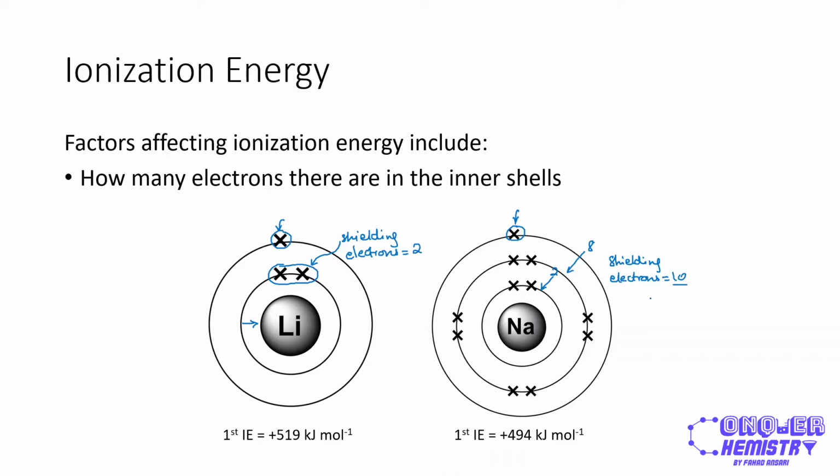Because you have more shielding electrons coming in the way between the positive nucleus and the electron that needs to be removed, the nucleus cannot focus its efforts on retaining this electron, so it is easier for it to escape. Meaning, in other words, it needs to gain less ionization energy.